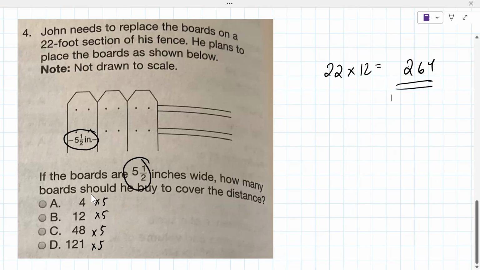Yeah, because 4 boards times 5 inches roughly. So C probably? I agree. Great.